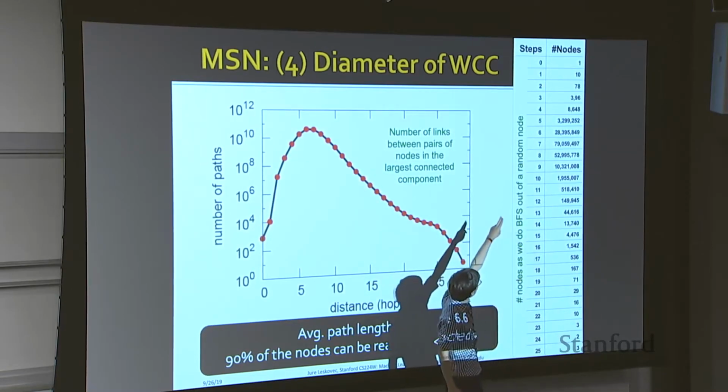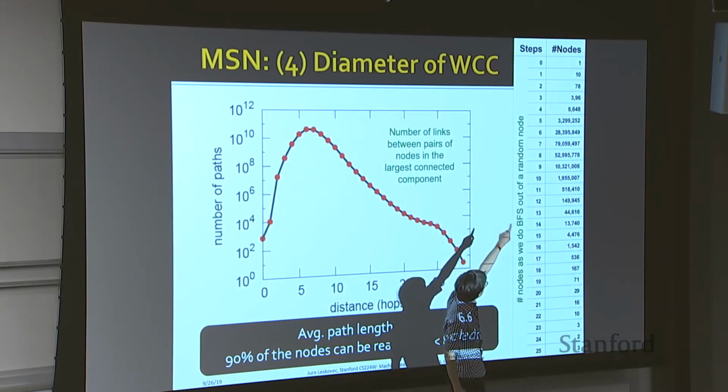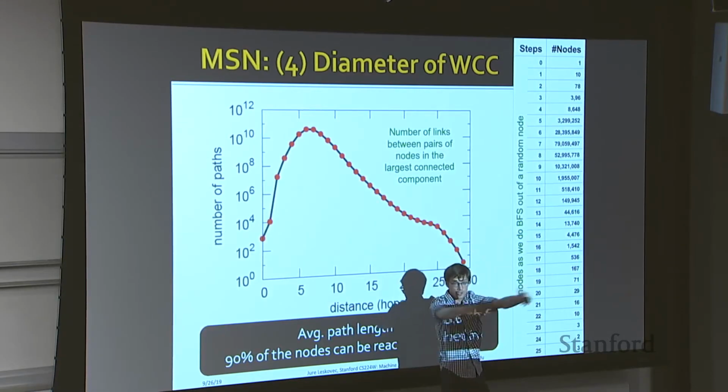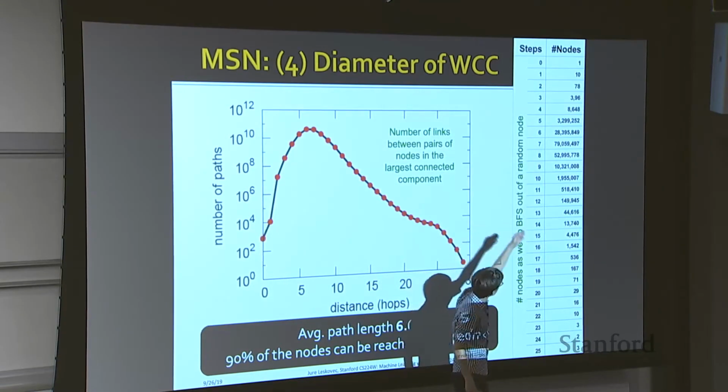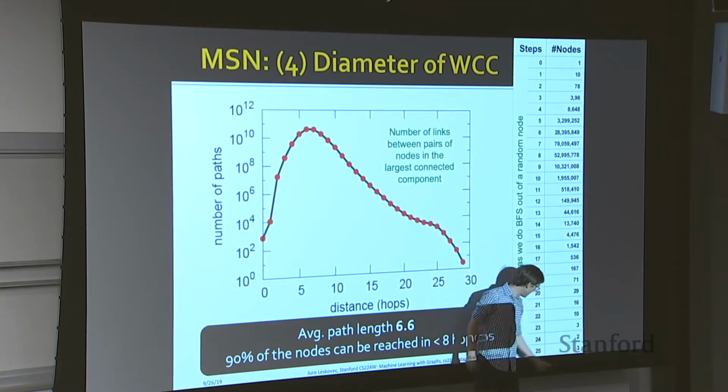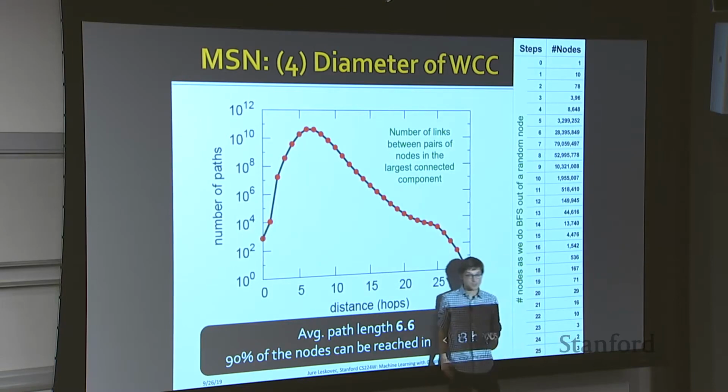So it goes from 1 to 10 to 80 to 400 to 8,000 to 3 million, 28 million. At 7, you are at 80 million, and then it starts to decay all the way down to 3 people who are 25 steps away from you.